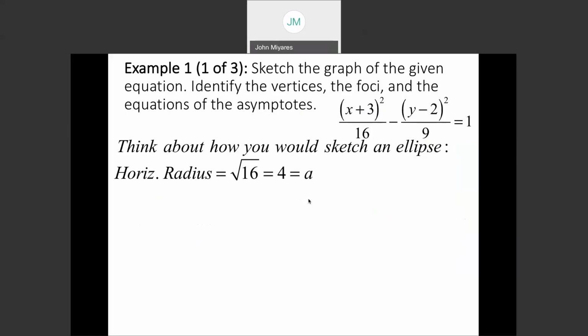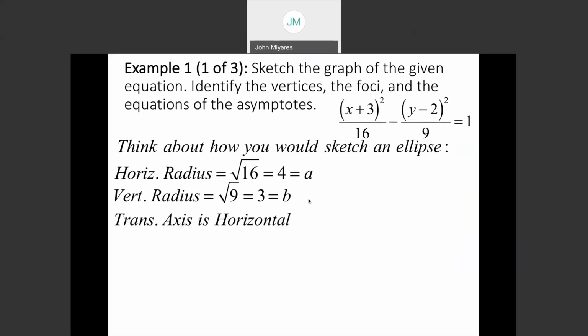The vertical radius will be the square root of the denominator of the y term, the square root of 9, or 3. Since the equation is showing as x squared minus y squared, the transverse axis will be horizontal and the hyperbola will open left to right.